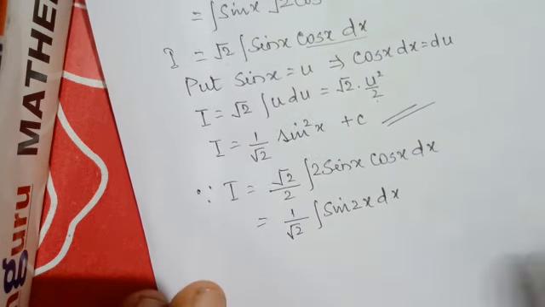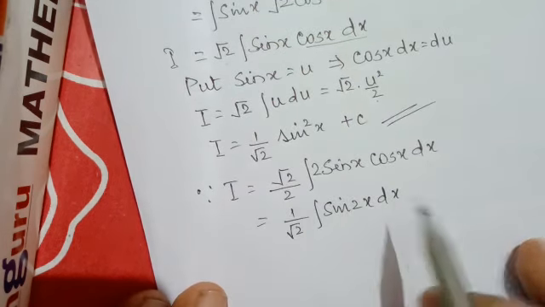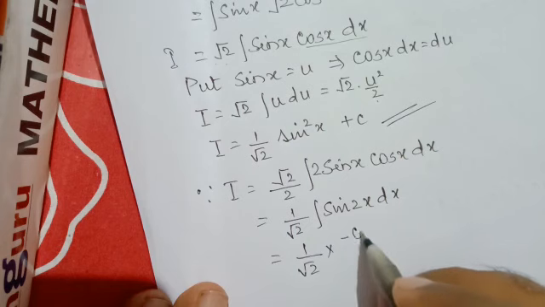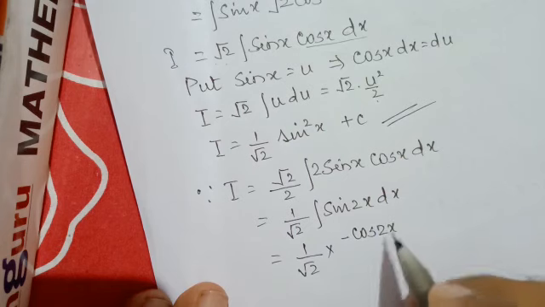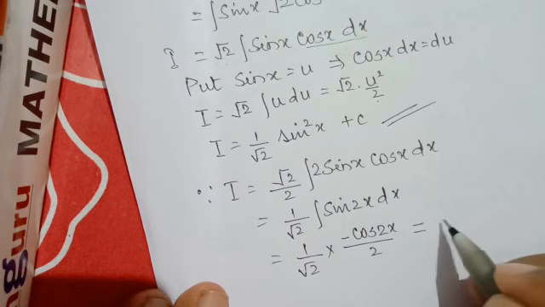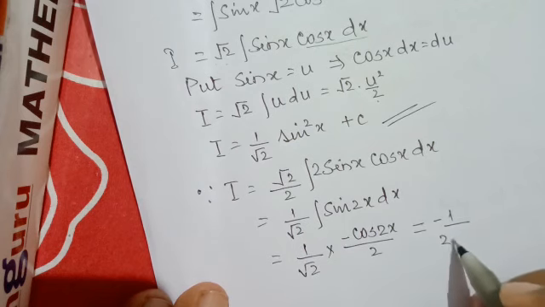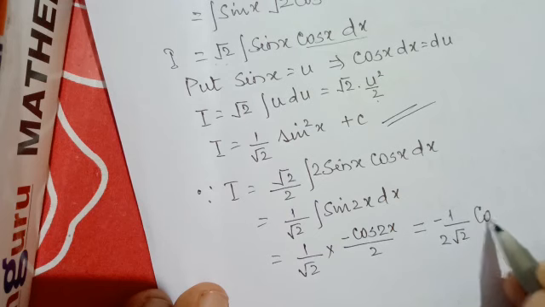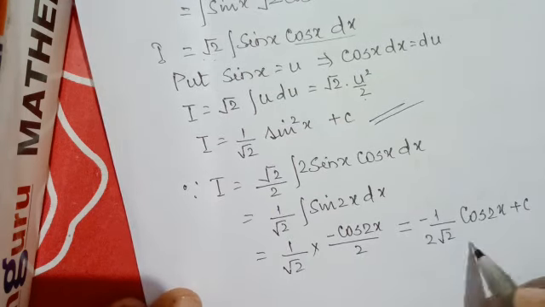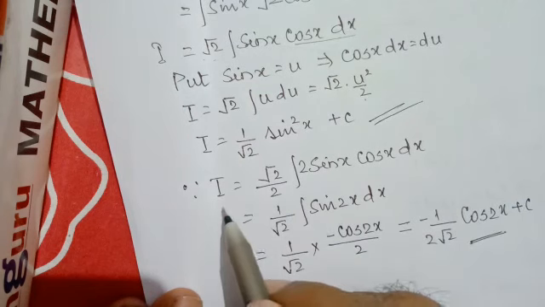The integration of sin is minus cos, so 1 by root 2 into minus cos 2x, the coefficient of x is 2, so divide it by 2, meaning minus 1 by 2 root 2 cos 2x plus c. This is your result. So both methods are correct.